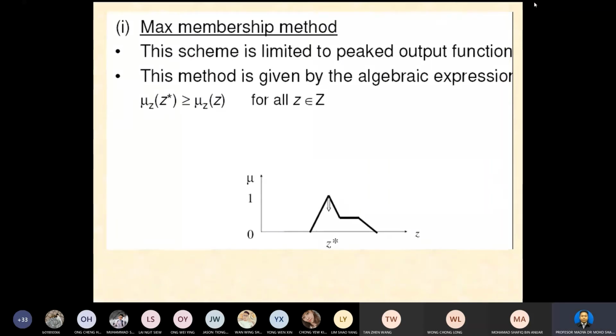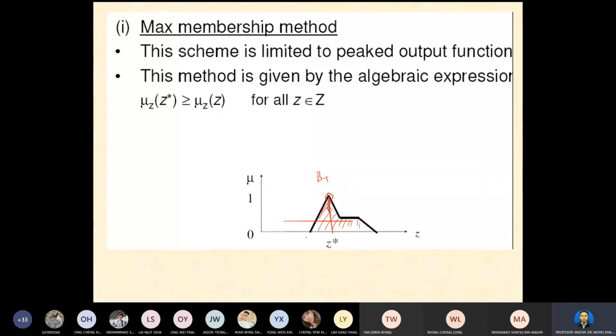This scheme is limited to peak output functions, and this method is given by an algebraic expression. For example, this is our output, this is our B tilde, and this is the max. From this one, this is our Z axis.